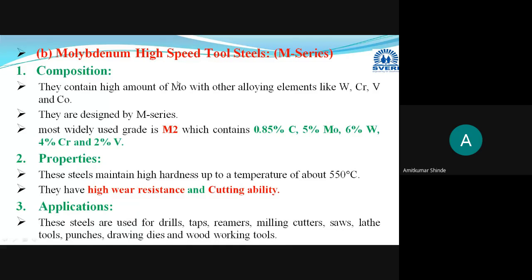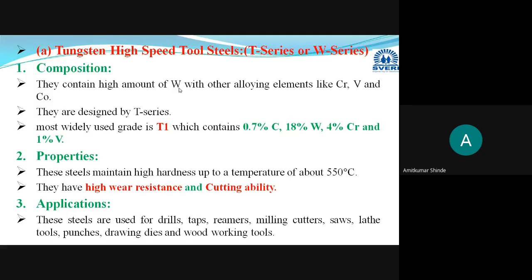You can see here high content of the molybdenum. Now here, generally these have a high percentage of carbon, means generally these are high carbon steels with addition of the alloying elements like tungsten, chromium, molybdenum, vanadium.